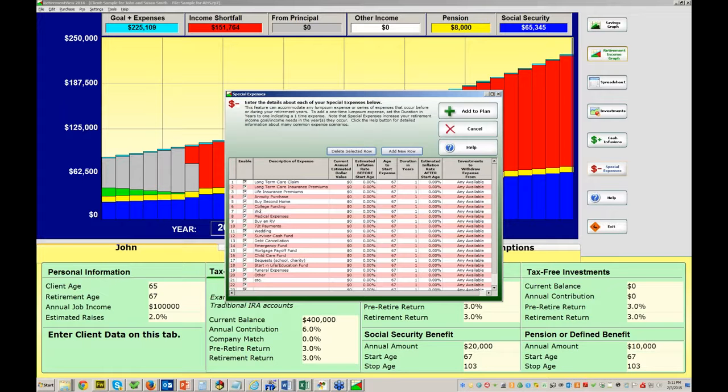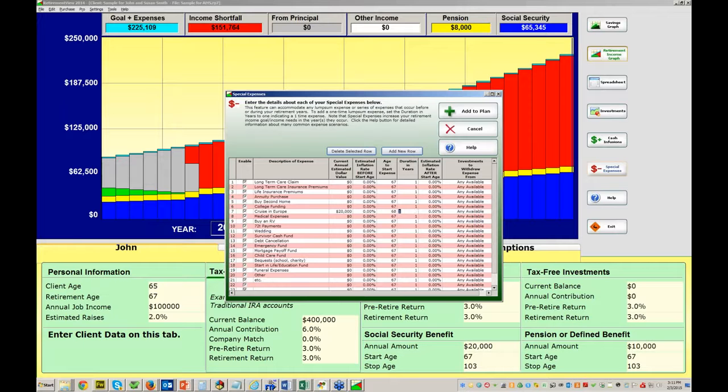Let's say they're going to take a cruise in Europe. And let's say it's kind of pricey. Let's say they're going to buy plane tickets, tack on a week, and take a long 14-day cruise. Let's say it's going to cost them $20,000. And let's say they're going to do that at age 68, like 1 year after they retire.